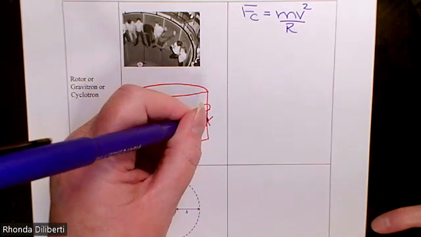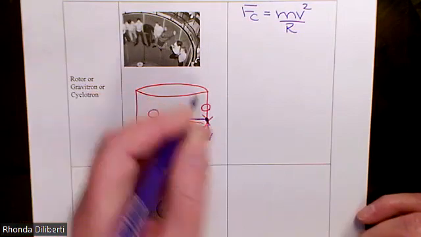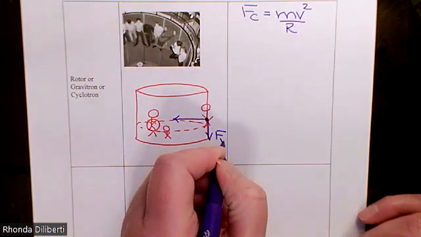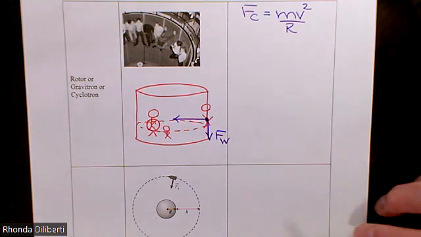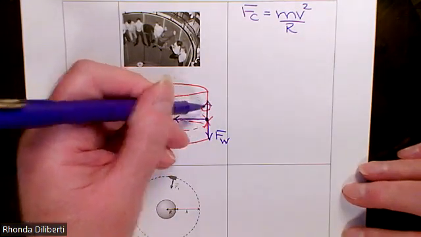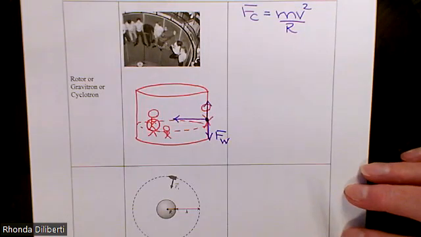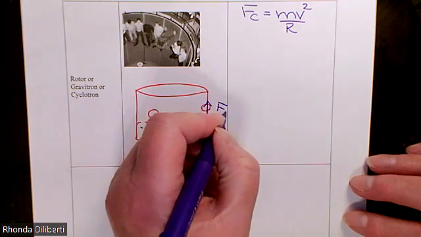So if I had to draw a free body diagram of this person, he would have his FW going down. And usually FW goes down and then the normal force points up. But the normal force is the force that a surface presses on an object. And so what's acting against this FW here is not the normal force. It's actually friction.